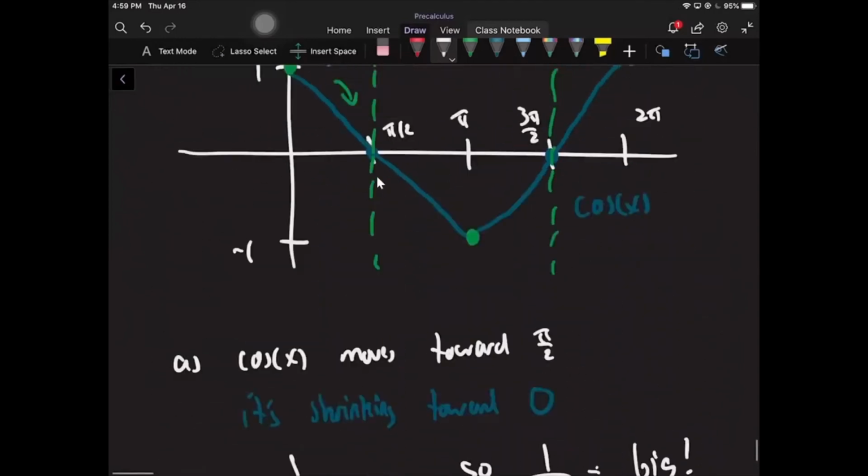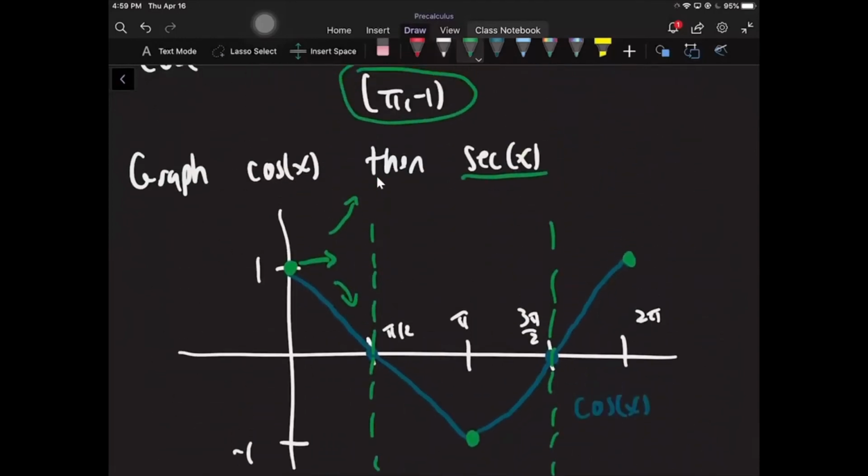So when we go back up here, what's it going to do? Is it going to go down towards 0 like cosine does? No, it's going to do the opposite because it's getting flipped over. It's going to grow very big and follow the asymptote up to infinity. So now we can definitely say that the graph looks like this.